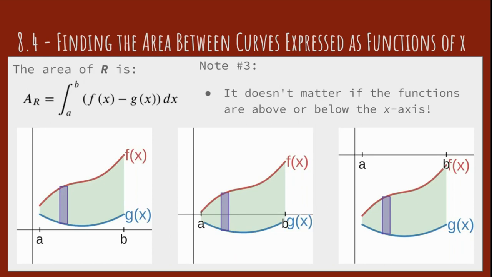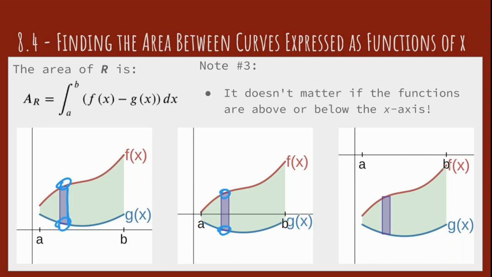The next note is that it doesn't matter if f of x or g of x or any part of them is above or below the x-axis. As long as we're doing top minus bottom when we're subtracting the functions, then the height is always going to be positive for our Riemann sum rectangles. So you can imagine a few different situations where a bigger positive minus a smaller positive gives us that positive height.